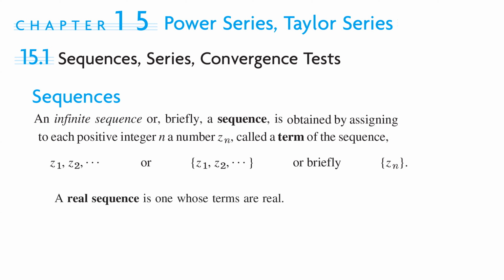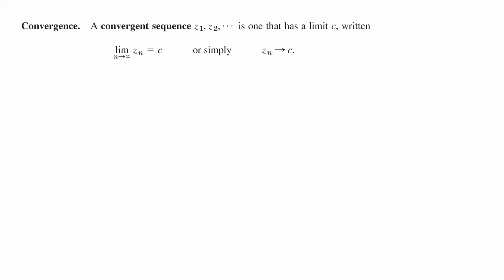And a real sequence is the one whose terms are real. So this is more general. It could be real, could be complex. And by convergence, we mean when the sequence has a limit c. What it means is that when n goes to infinity, zn goes to c, or simply zn approaches c.